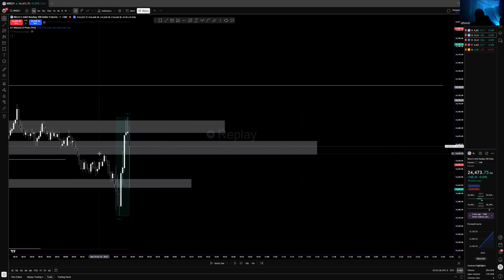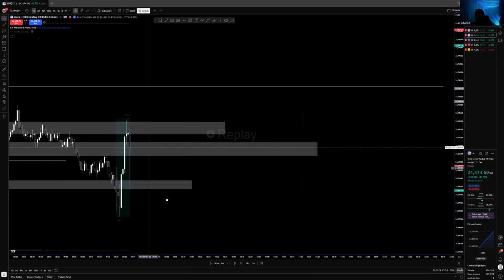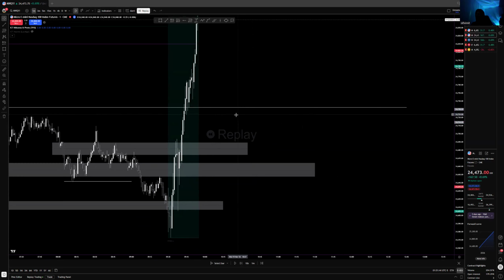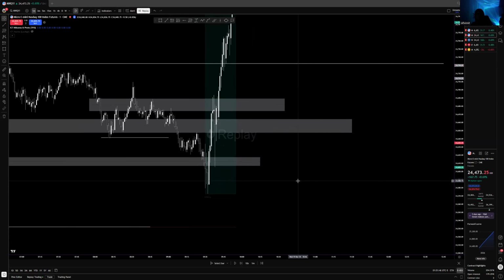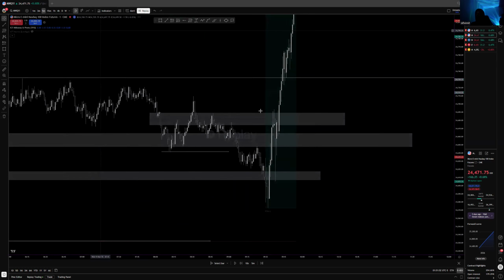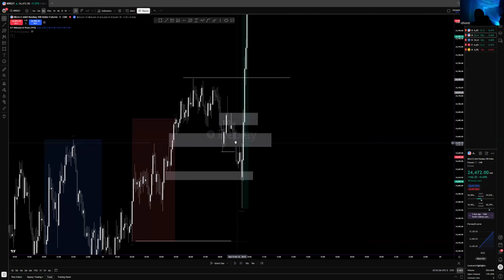And on top of it, we have a clear market structure shift and a fair value gap. Basically, it's gonna sweep out the high. As I was telling you, if the price actually inversed, it has to sweep out the high of that inversion, which happened right here.